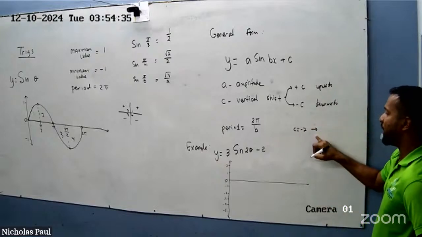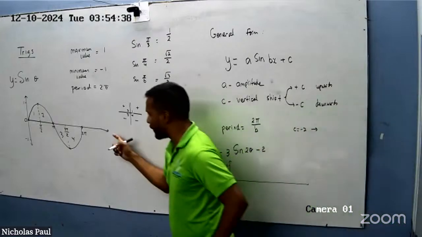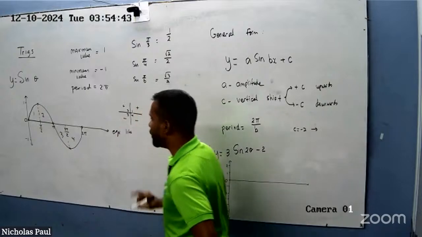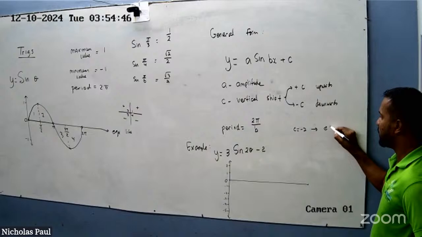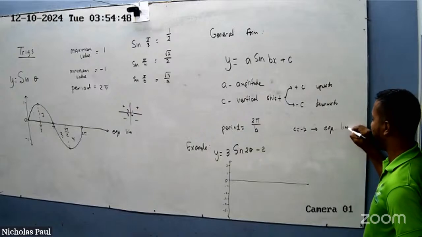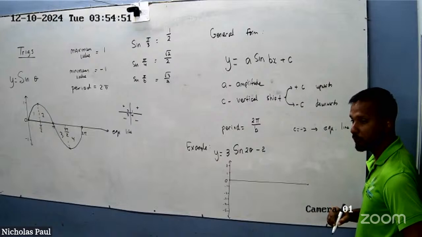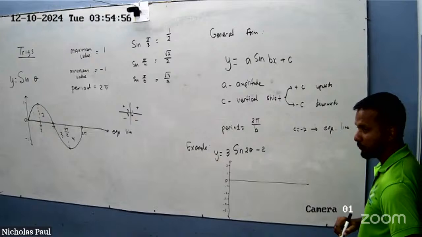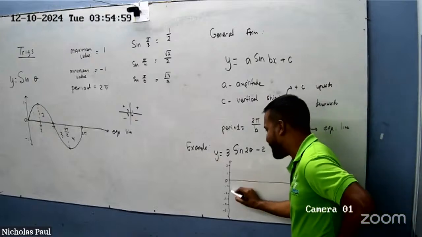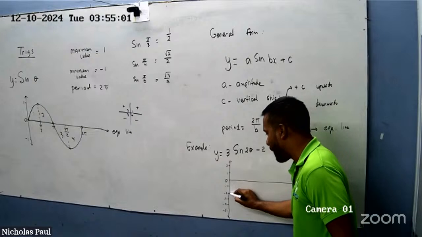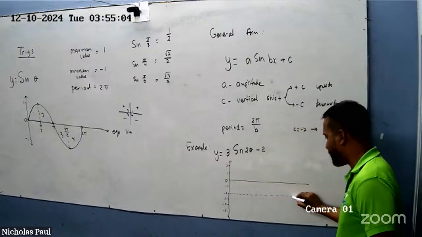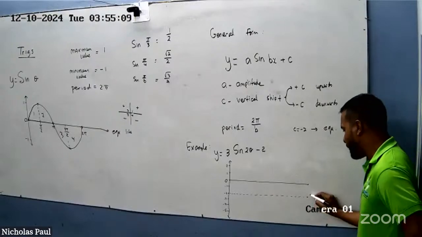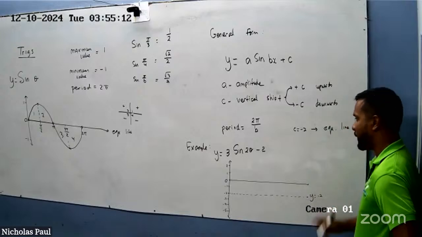So the new equilibrium line is -2. So I draw that first. The equation for it is y equals -2 in this case.